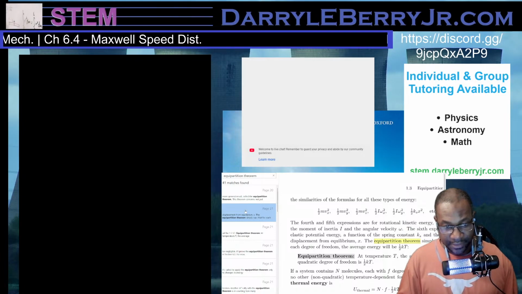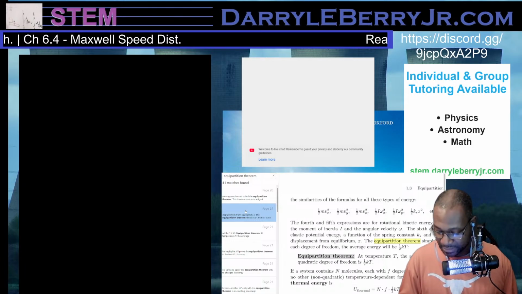That is basically that each quadratic degree of freedom of a gas is, so basically, U equals N f over 2 kT.